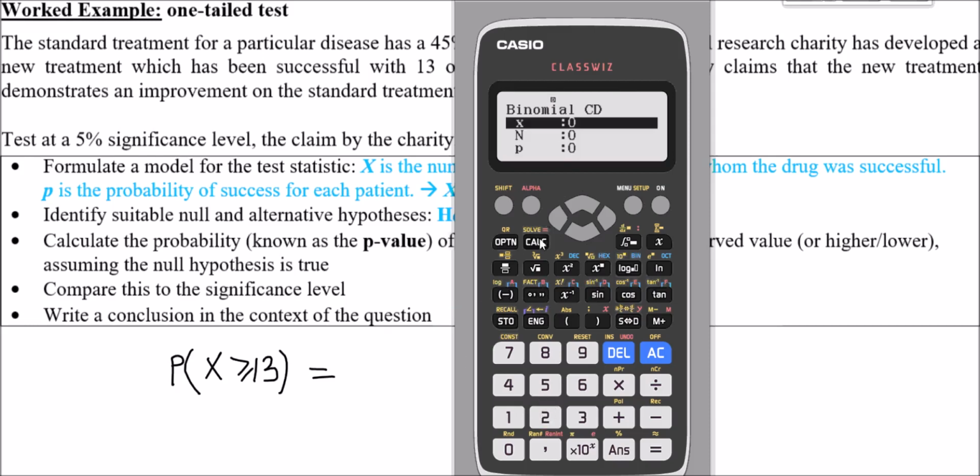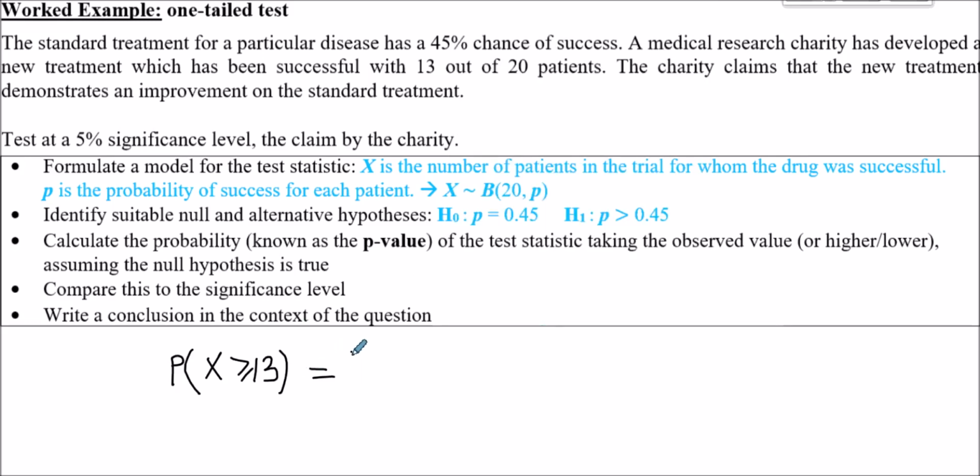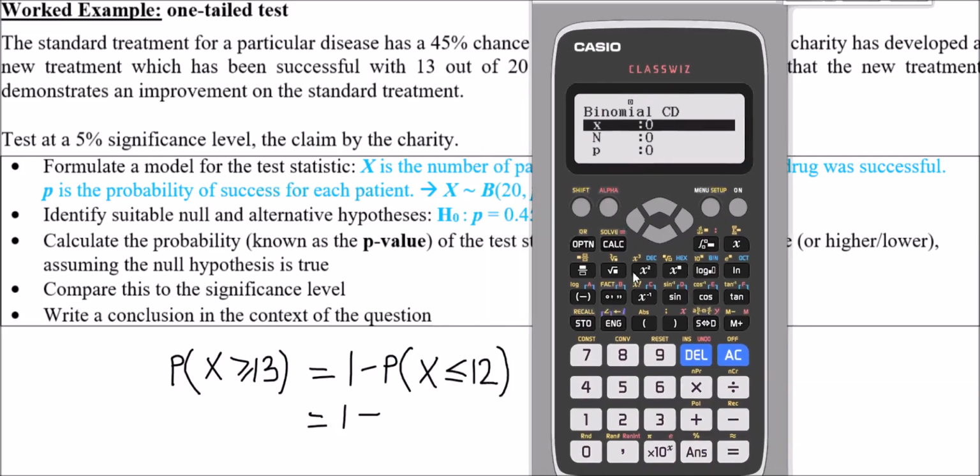So what we want to do here is to find this probability of being 13 or higher. Well, first of all, we need to remember this is 1 minus the probability of having 0, 1, 2, 3, 4, all the way up to 12 patients for which it's successful. Whatever's left will be the probability of having 13 or more. So that's 1 minus, let's work this out now.